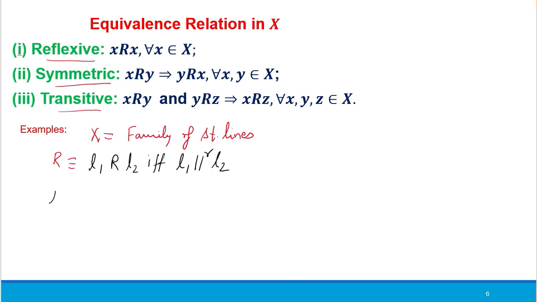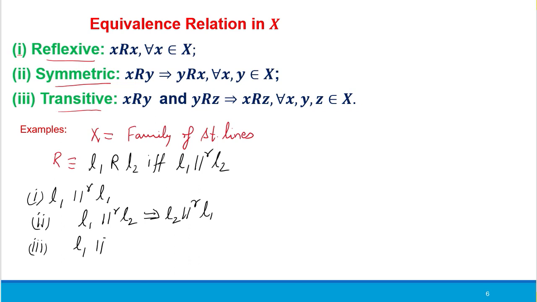Therefore now you can see that L1 is always parallel to L1. The second thing we see is that L1 is parallel to L2. This very clearly implies that L2 is parallel to L1. And the third thing is, L1 is parallel to L2 and L2 is parallel to some other line L3. This clearly implies that L1 is parallel to L3.